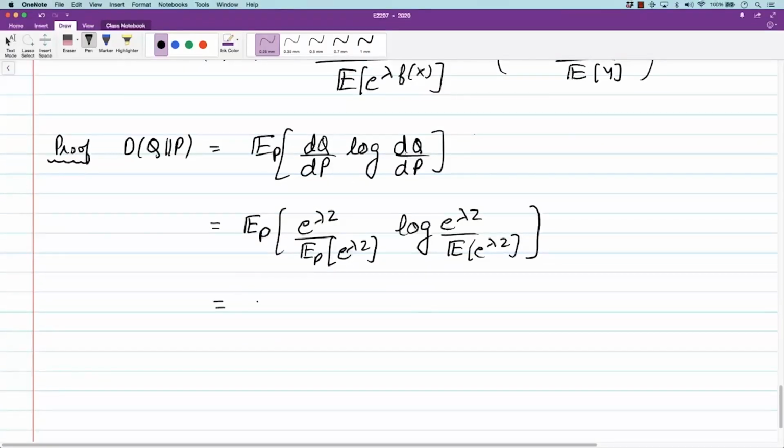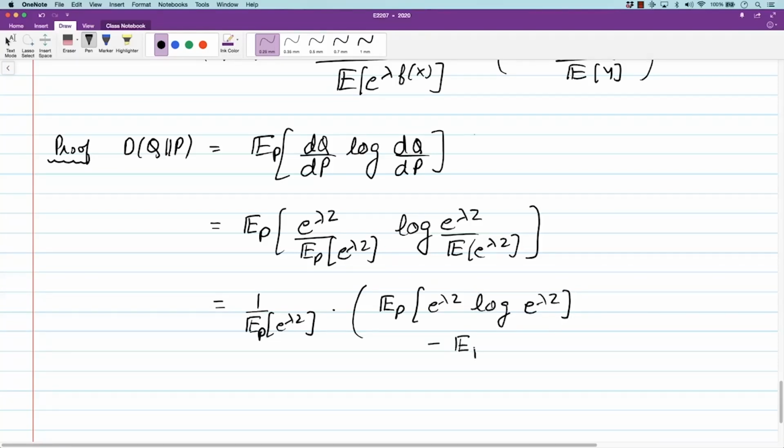And this is equal to, you can take this expected value outside, into the first term, and then since log a by b is log a minus log b, the second term here is this part, the log of the expected value.